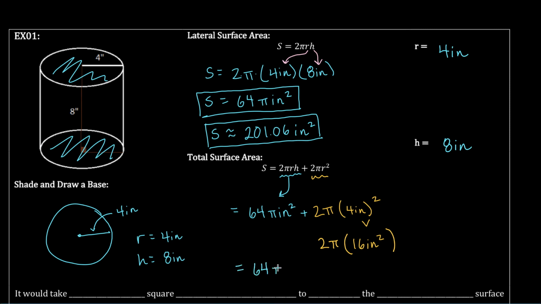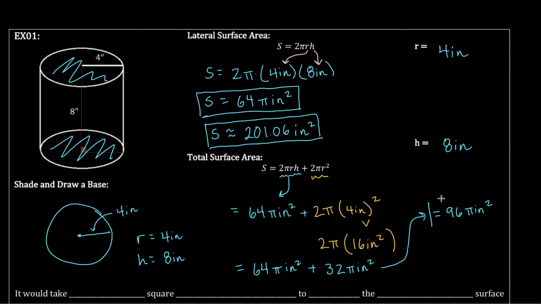And then we do this and we get 64 pi inches squared plus 2 times 16 is 32 pi inches squared. And then finally, 64 plus 32, and I get 96 pi inches squared.